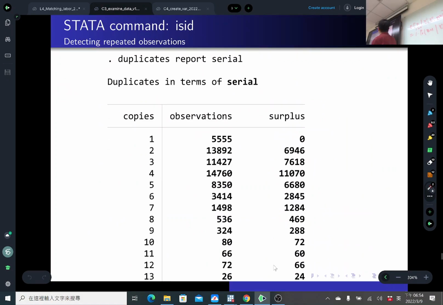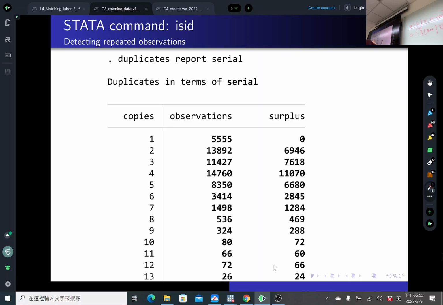For example, if you use report, it gives you a table that shows how many observations are repeated. For example, this is the serial number, that is the household number. You will expect it to repeat several times because our data set is at the individual level.